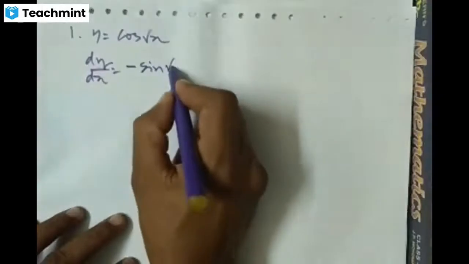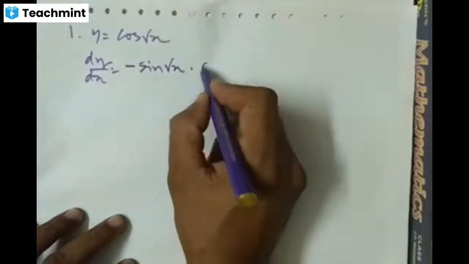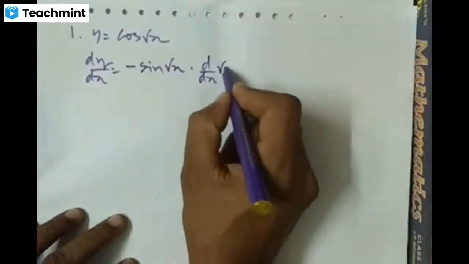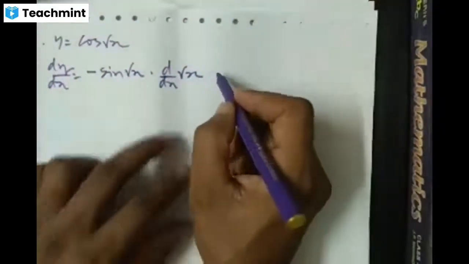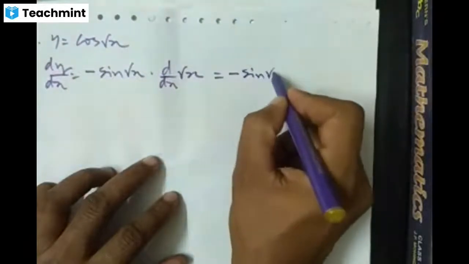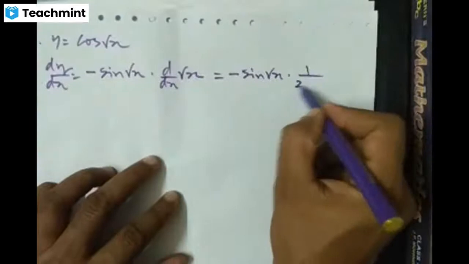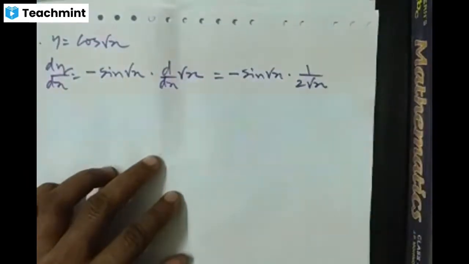So minus sin, in place of x we have the function root x, into d by dx of root x. So we get minus sin root x into d by dx of root x, which is 1 by 2 root x. That's it.